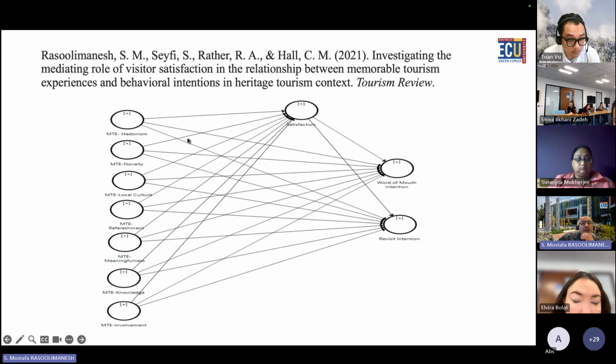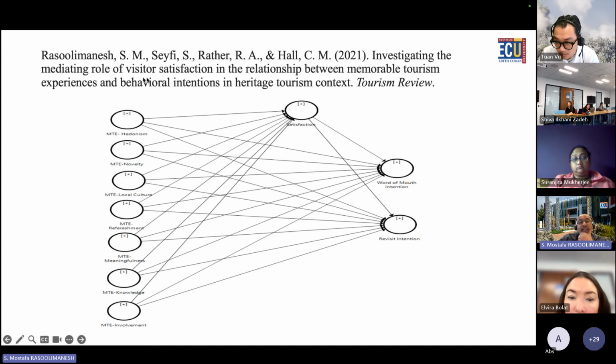This is our study, in which we used fsQCA to understand a combination of different dimensions of memorable experience, including hedonism, novelty, local culture, refreshment, meaningfulness, knowledge, and involvement, that influence the satisfaction of tourists, word of mouth, and revisit intention.